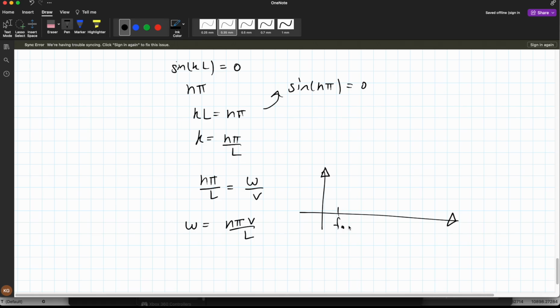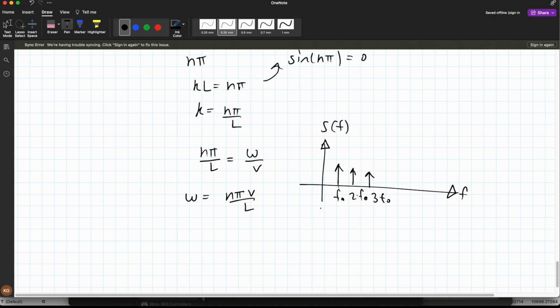This is frequency, and this is the strength S of our frequency. We had a peak at F0. We had a peak at 2 times F0. A peak at 3 times F0. And if we set pi v over L to some number, call it F0, why not?